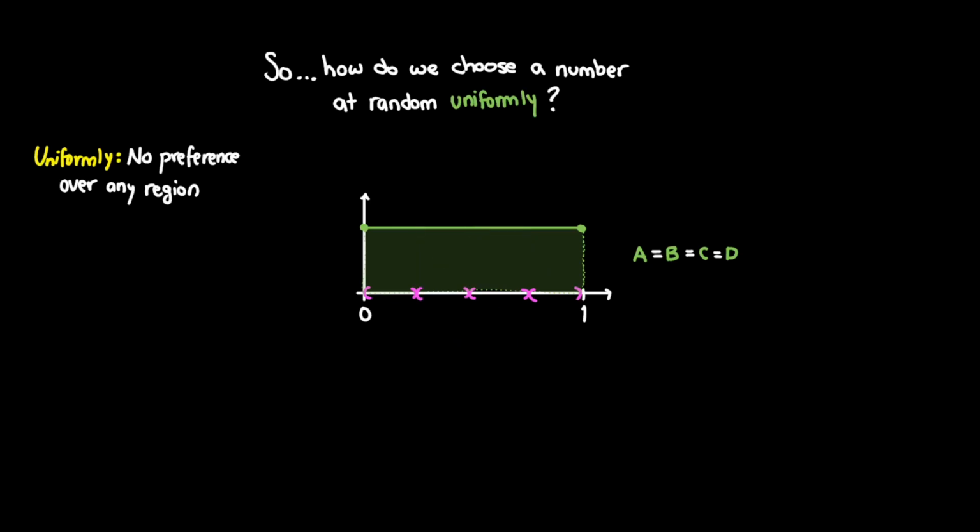This induces a density function that is constant over the entire interval. Moreover, given that the integral over the entire interval must be equal to 1, that means the constant must be 1 as well. So, the density function of a random variable that takes values uniformly over the interval 0, 1 is just the constant 1.